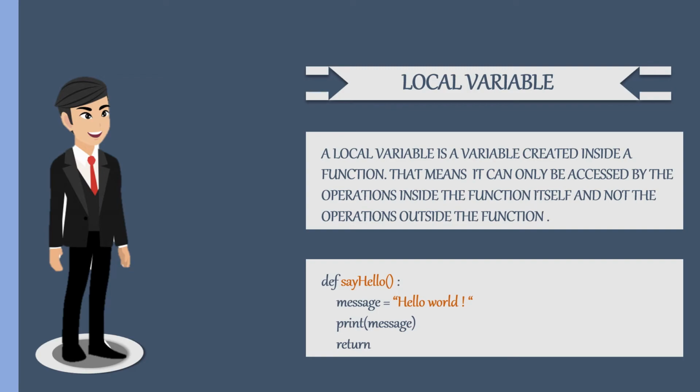Example: let's create a function that prints hello world on screen. The local variable shall be the message which we shall give the hello world string value and print it to the screen using the print method. The variable message can only be used in the function sayHello and not outside the sayHello function as shown.